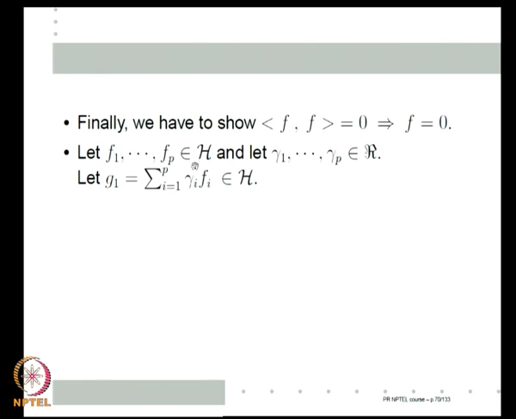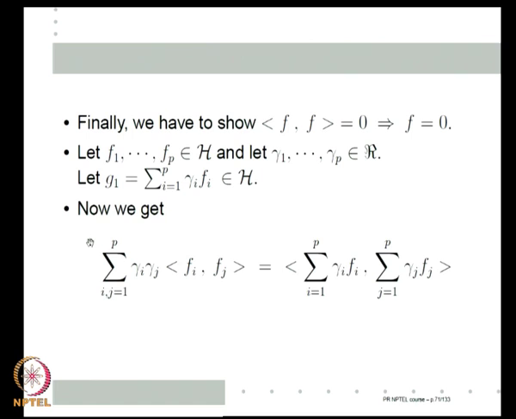Let us take some p functions from H and some p scalars gamma 1 to gamma p, and let g be the sum of gamma i f i. Because H is a vector space, g will also be in H. Now, if I look at the double sum of gamma i gamma j times the inner product of f i and f j, over i, j equal to 1 to p, by the bilinearity of the inner product, it is the same as the inner product of the sum over i of gamma i f i with the sum over j of gamma j f j.